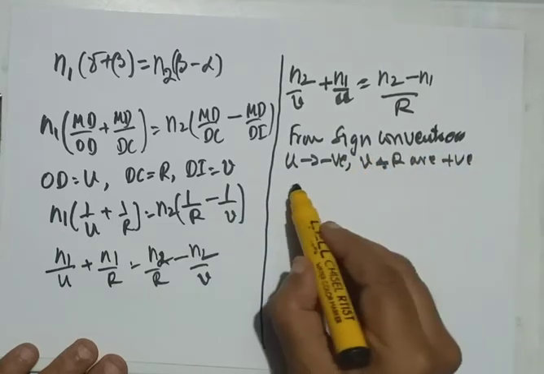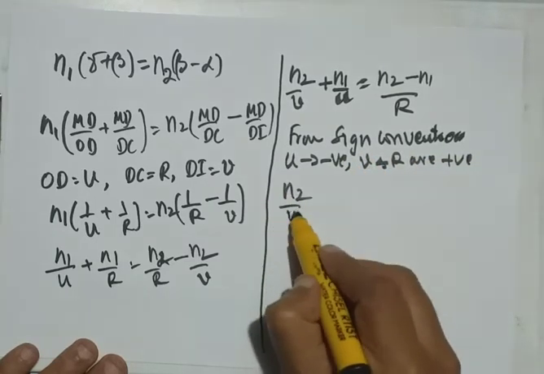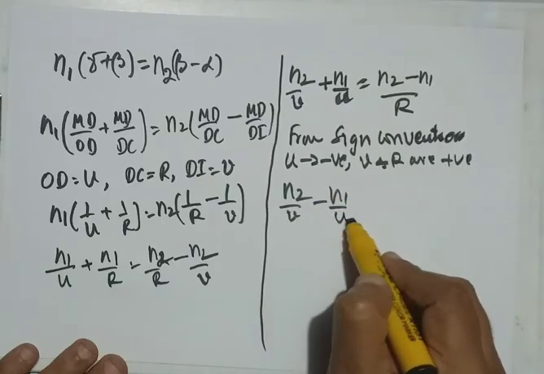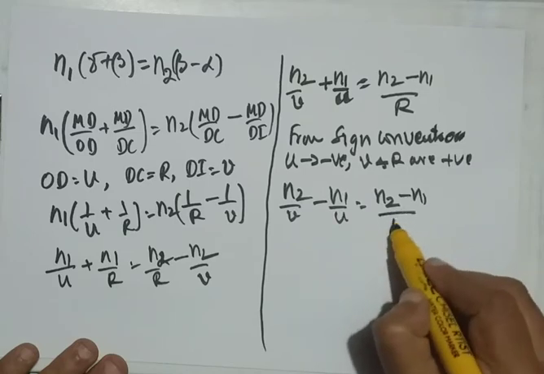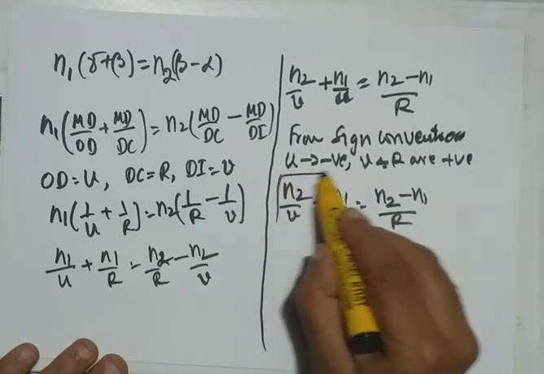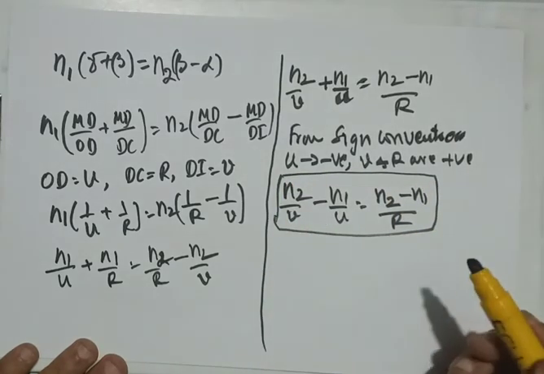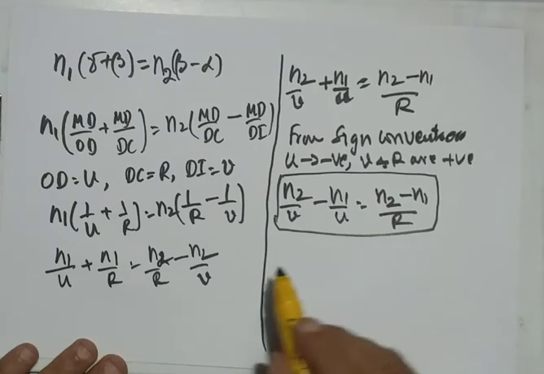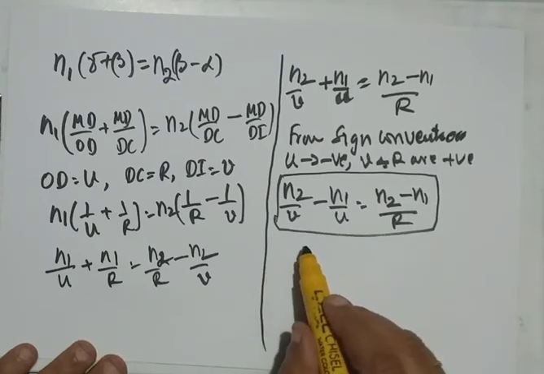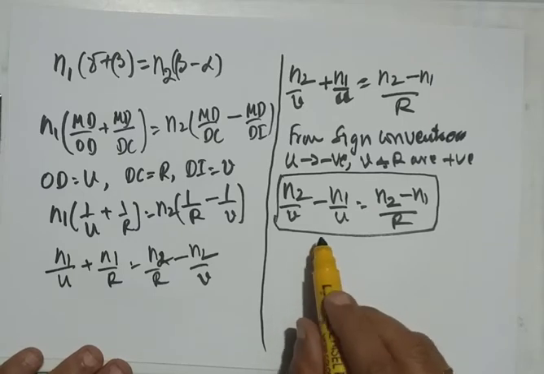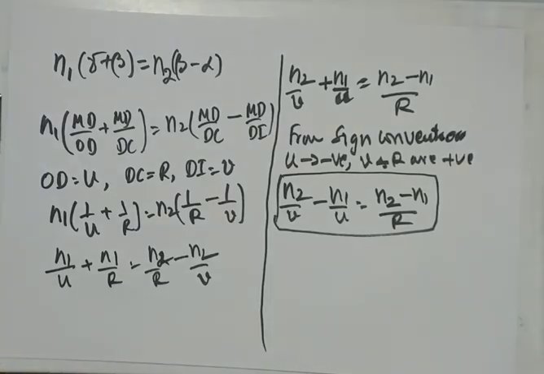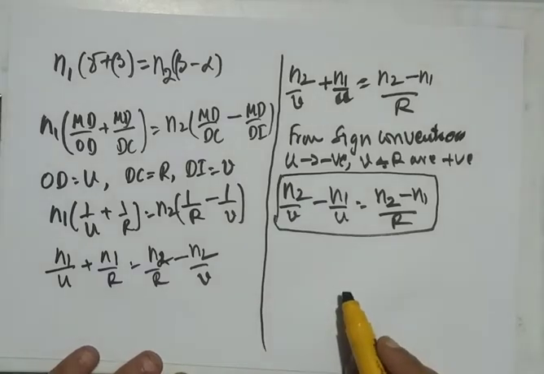We substitute everything: N2 by V minus N1 by U equals N2 minus N1 by R. This is called the curved surface refraction formula. And we can also write this in another form, which is easy to remember.